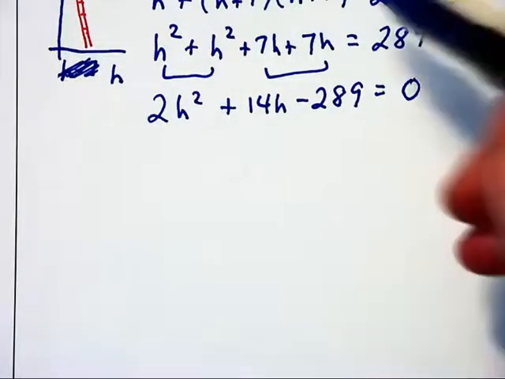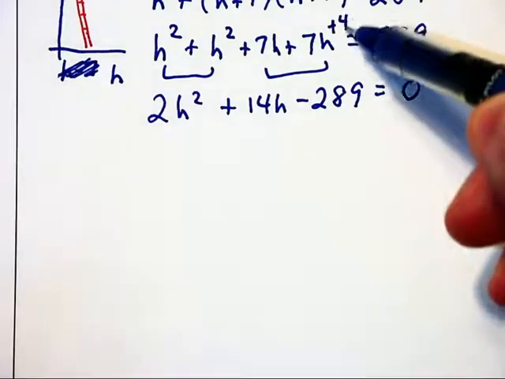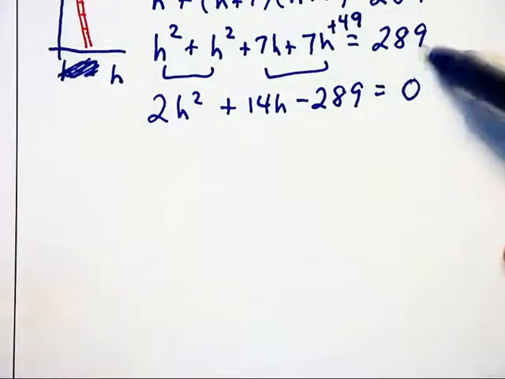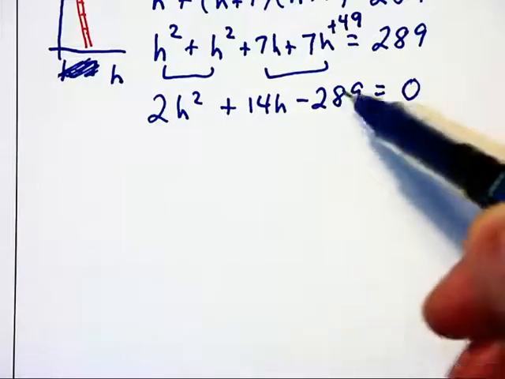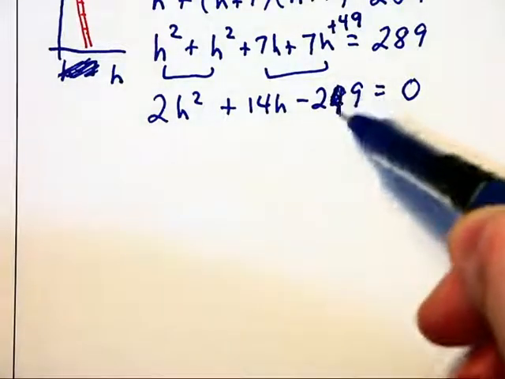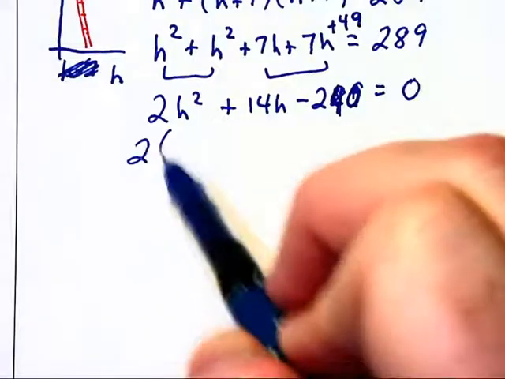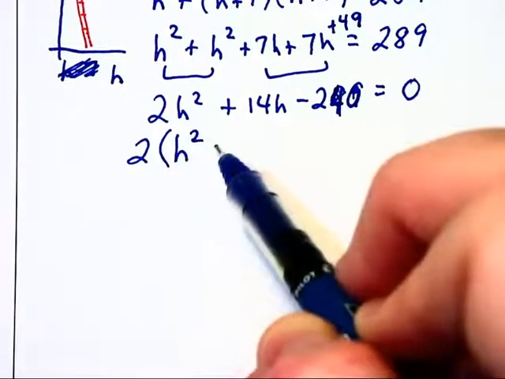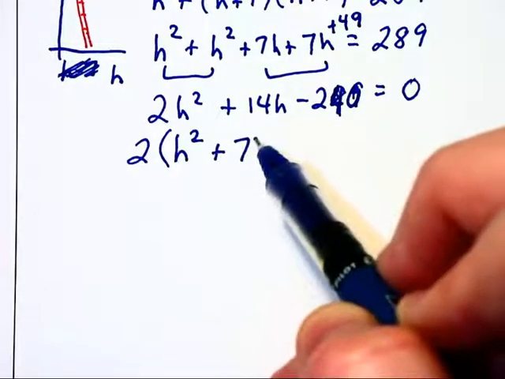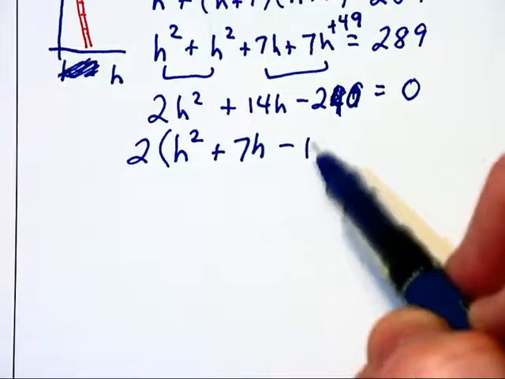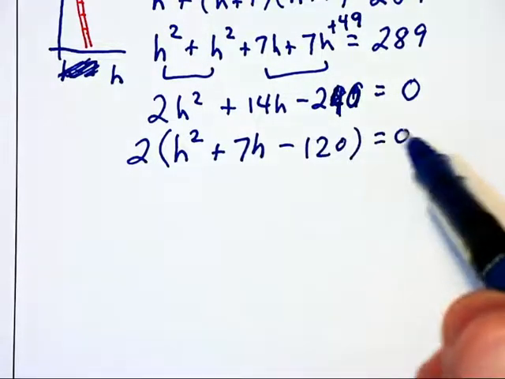Oops, I see what happened. I forgot my plus 49 right there, so that when I subtract the 289, this is really a negative 240. Okay, good catch. Combining like terms, we have 2h squared plus 14h, and so factor out the 2: h squared plus 7h minus 120 is equal to 0.